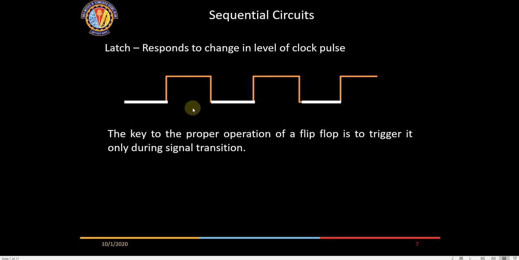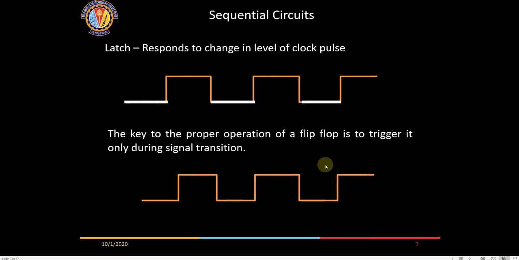Now the flip-flop, the basic difference is that whenever the clock goes high, whatever the data is at that time will be captured and available in the memory until the next clock goes high. Even when the clock is high, if the data changes, that will not be taken into consideration. The memory will not accept that change in data.